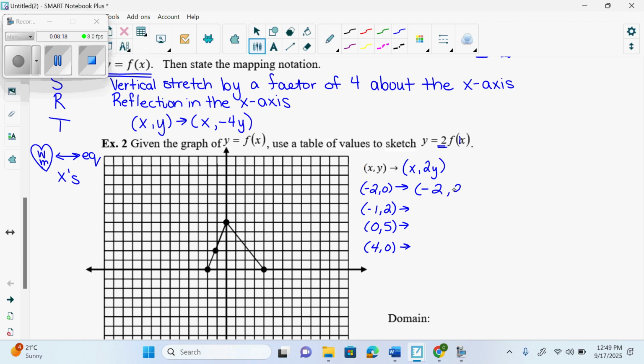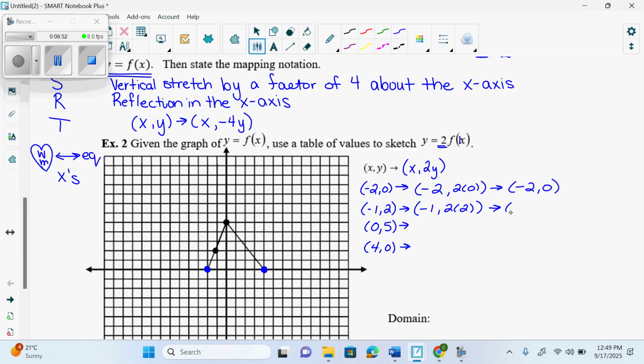-2, comma 2 times 0, which becomes -2, 0. What is that coordinate? Starts with an I. It's invariant. And it stayed invariant because the only thing that's happening is then multiplying my y's by something. So wherever my y's were 0, it isn't changing. Right? So I know this one is staying. And so is this one. Right? And they're my invariant ones. So -1 is going to be 2 times 2.